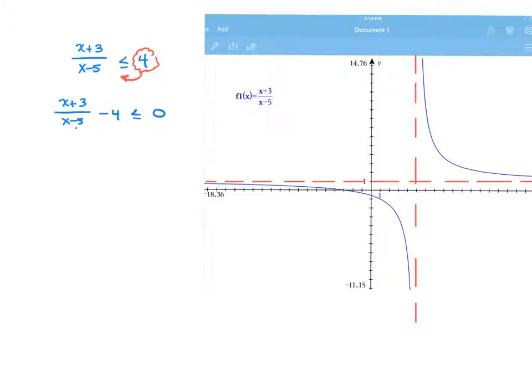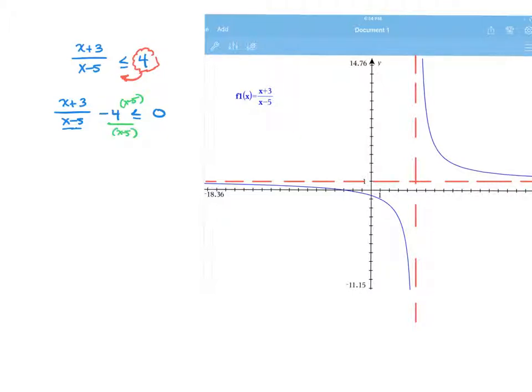To do that, I need to make common denominators. The denominator here is x minus 5. I need to make the denominator of 4 over 1 into x minus 5, so I simply multiply it by the quantity x minus 5. Now, you just have to be careful, because when you multiply top and bottom by something, you must multiply both. So I'm going to multiply the numerator by x minus 5 and the denominator by x minus 5.